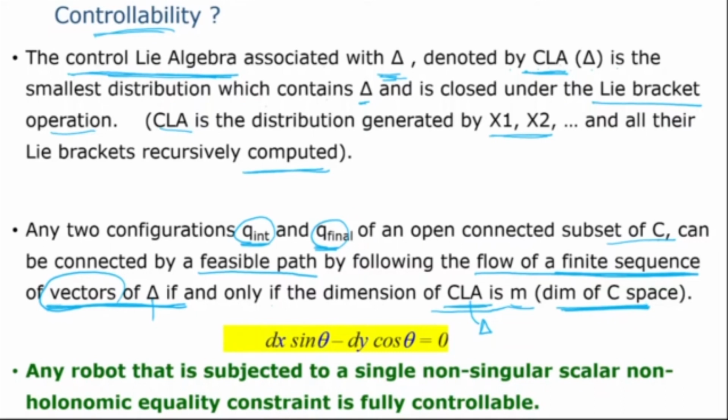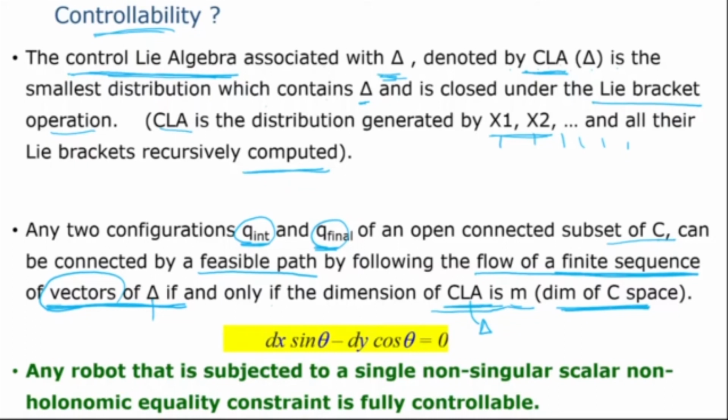So this basically tells us that this car, which is subjected to a single non-holonomic velocity constraint, can actually go and park if we can get a sequence of vector fields x1, x2, x3 like this, and using the control Lie algebra we generate vector fields such that it can go and park there. That can only happen if the dimension of delta is equal to the dimension of the C space.